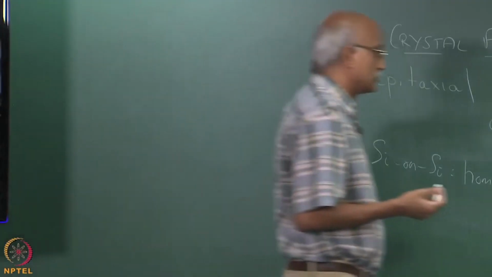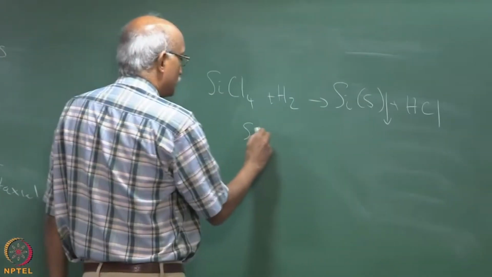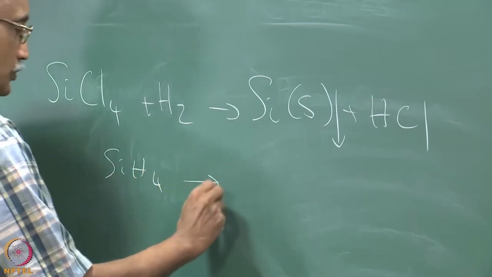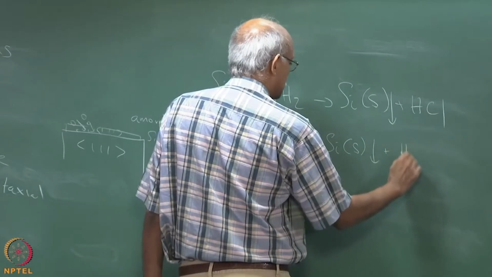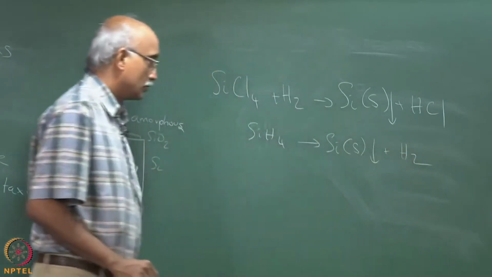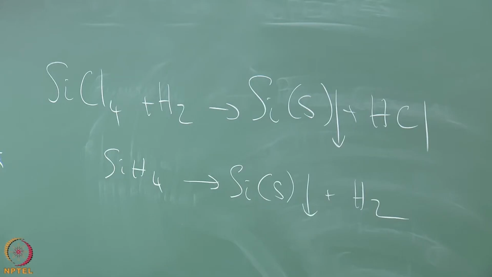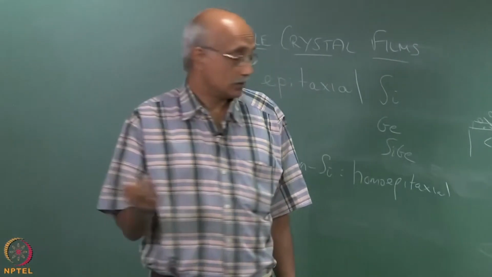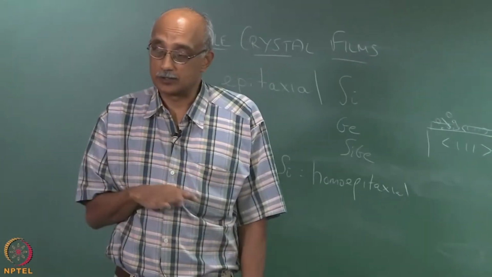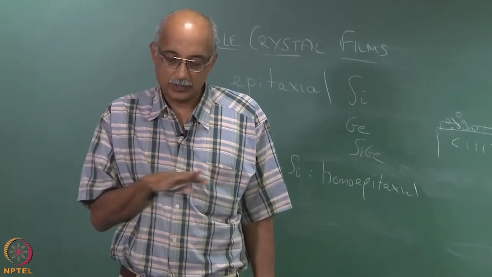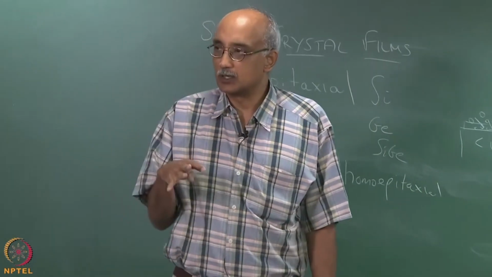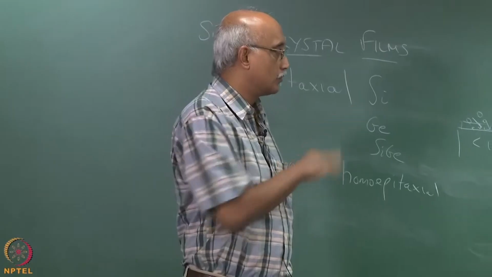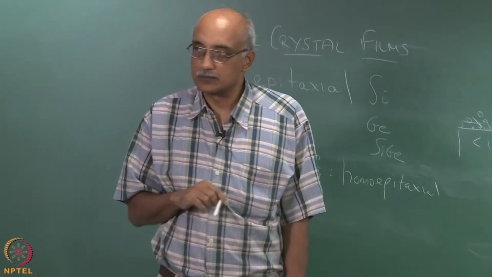If on the other hand you use SiH4 and do the pyrolysis reaction, this reaction does not require temperatures that are as high as what you need to use for the SiCl4 reactor. This reaction will actually run at temperatures that are about 200 degrees lower than what you require for the SiCl4 reaction.